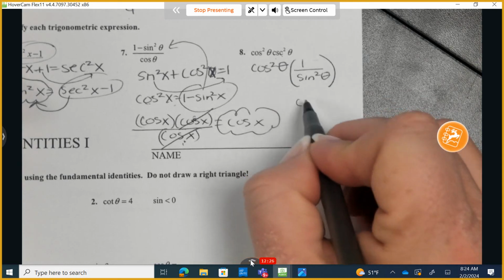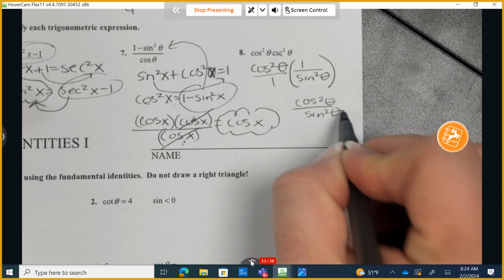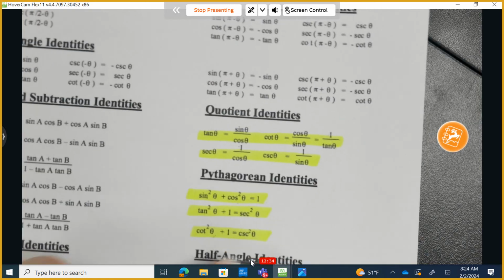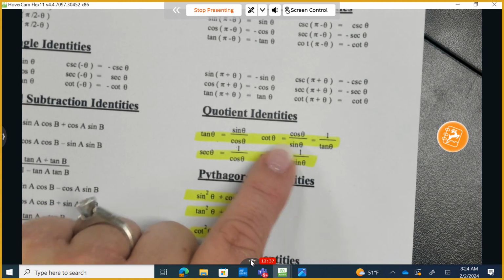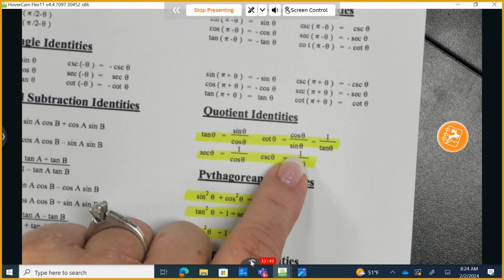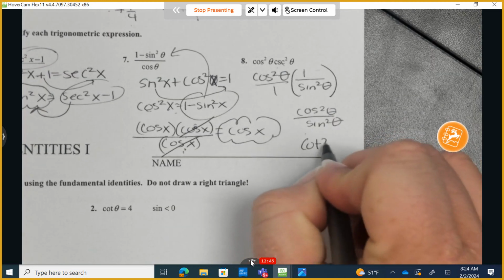When I multiply, I have cosine squared theta over sine squared theta. Cosine over sine is equivalent to cotangent. So cosine squared over sine squared is equivalent to cotangent squared.